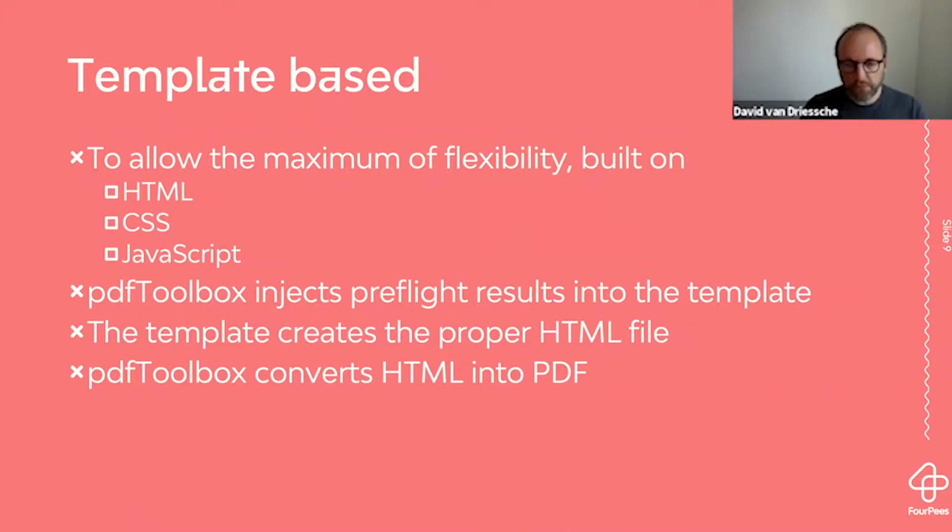And then pdfToolbox converts the HTML into a PDF report. So it really goes in steps. You first have the pre-flight, then you have the information that comes from the pre-flight that is inserted into your template. And then from there, a proper PDF file is created.